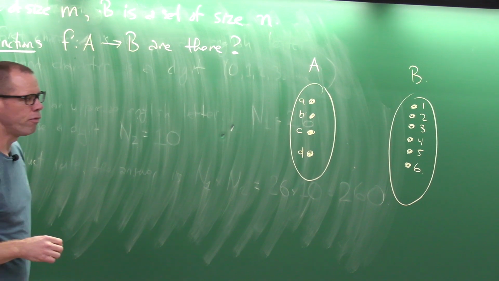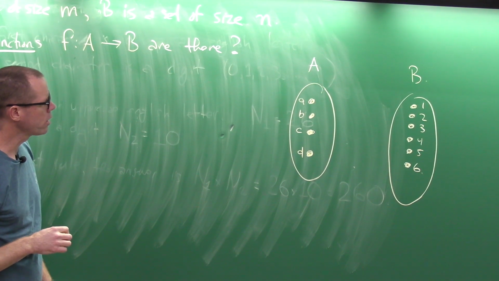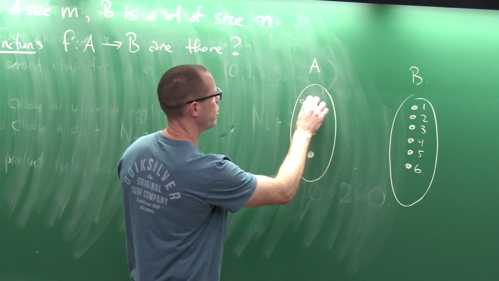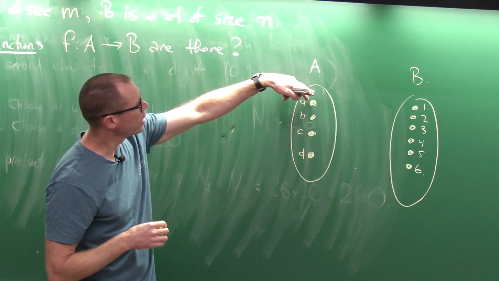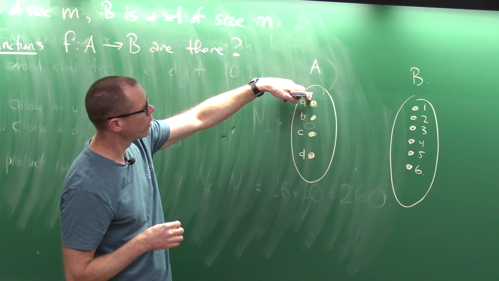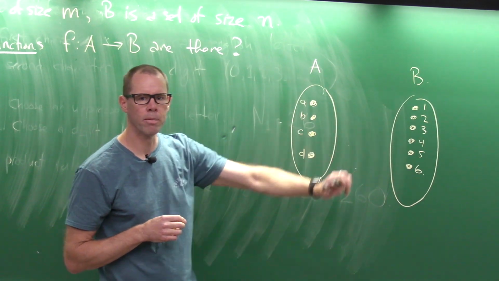The standard way of denoting one of these functions is to use arrows. So each element in A has one arrow coming out of it that points to an element in B.